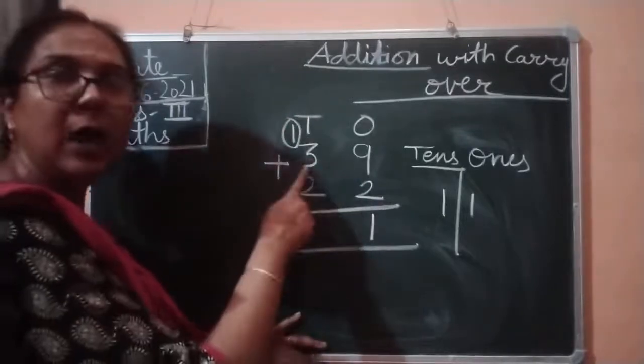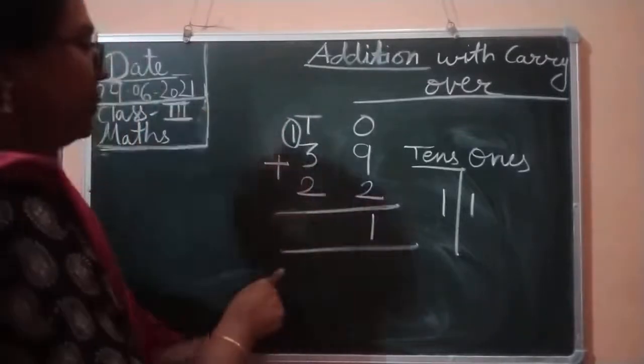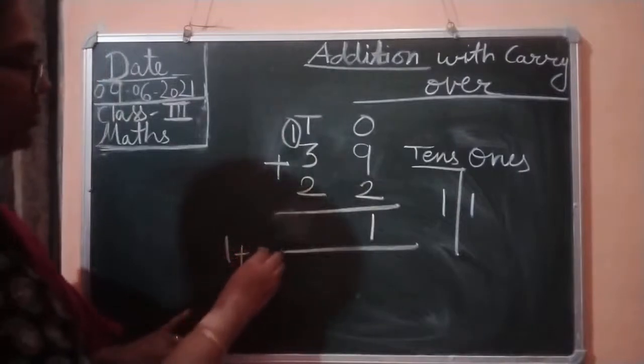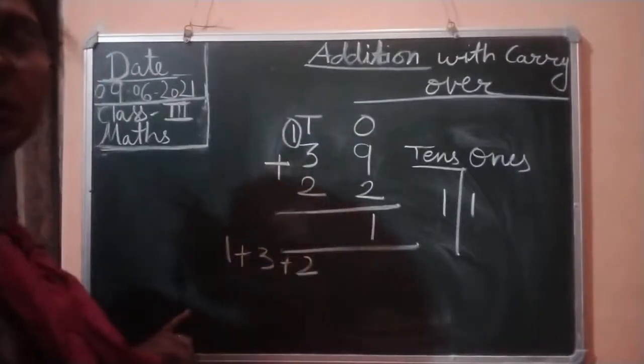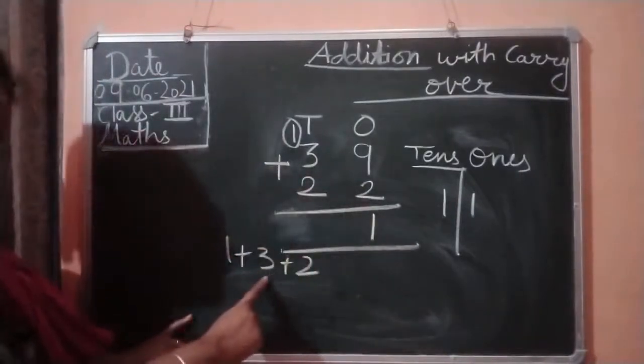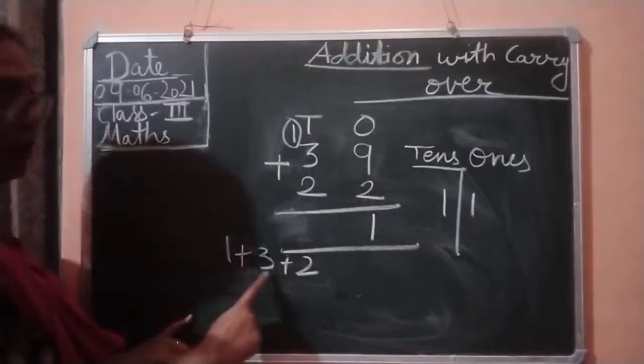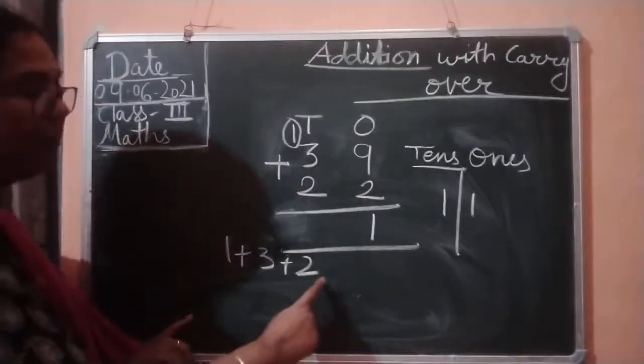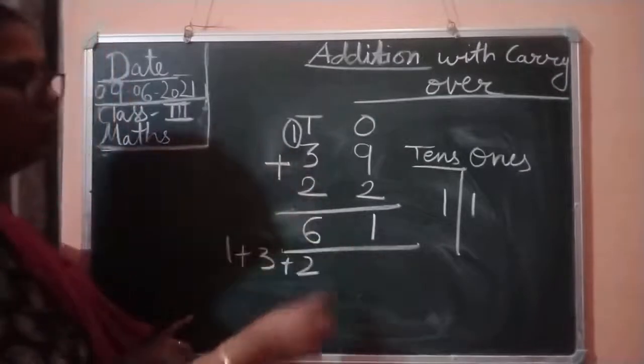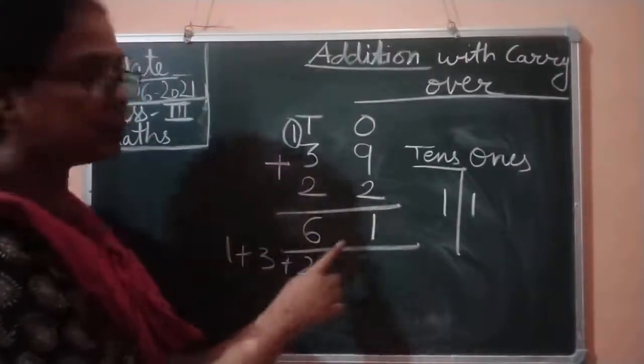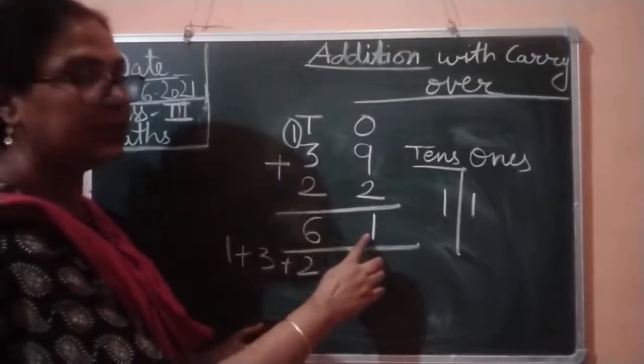Now, how many are there? 1 plus 3 plus 2. Now 1 and 3 is 4, plus 2 is 5, 6. So what number do we get? We get 61.